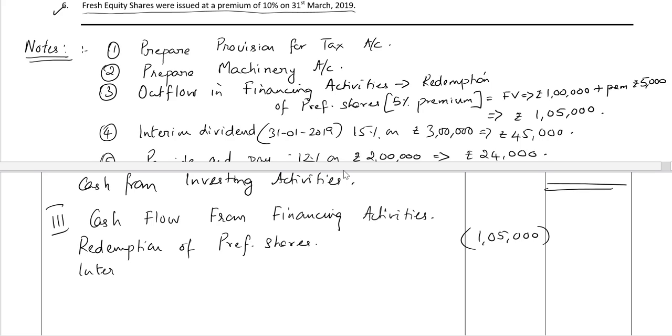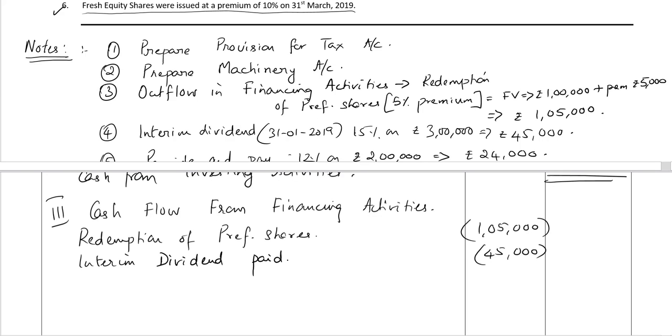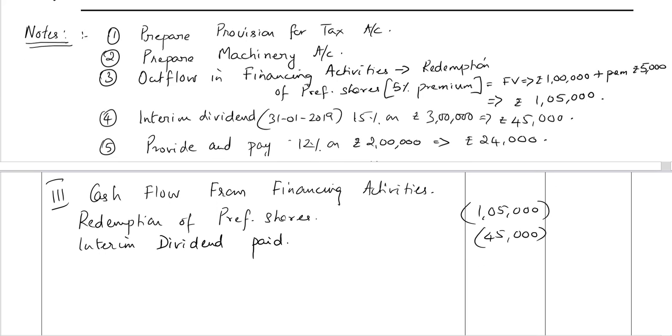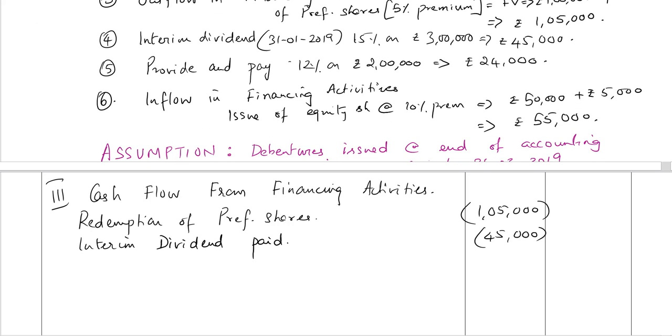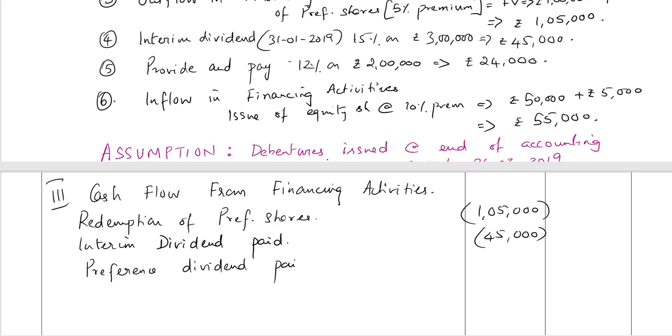As per point 4, there's an interim dividend paid. Rupees 45,000 outflow. We need to pay 12% preference dividend on rupees 2 lakh. Preference dividend paid. Rupees 24,000 outflow.